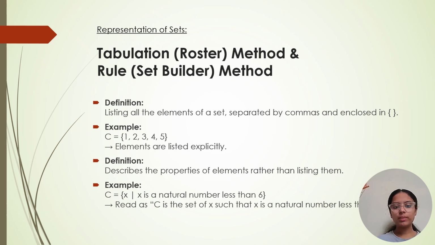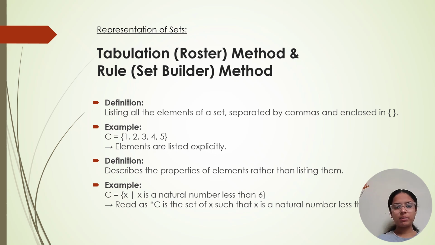Coming to the rule method, it describes the properties of elements rather than listing them. We don't define the elements explicitly, but we define something like the properties of those elements. So by looking at the properties of that set, we can list the elements.